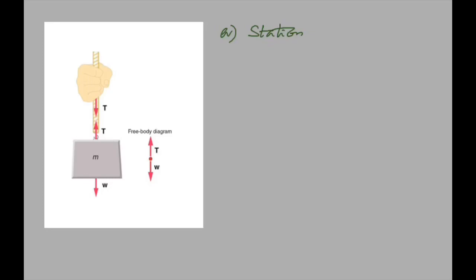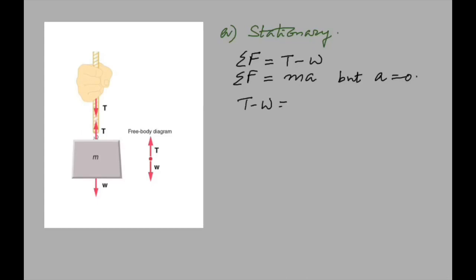So let's consider that this object is just held there. You're not moving it up, neither are you moving it down. So it's stationary. In this case, the net force, which is T minus the weight, must be equal to 0. Why 0? Because the acceleration is 0. You're not moving it, which shows us that the tension must be equal to the weight, which is mg.